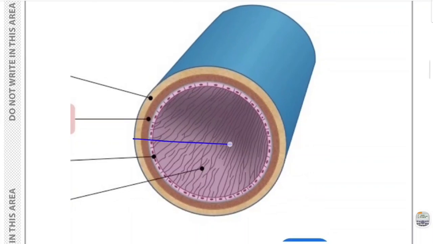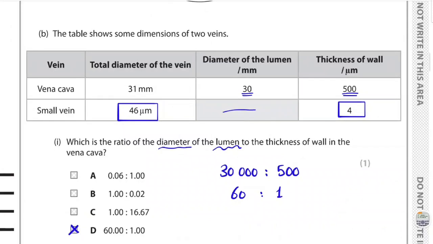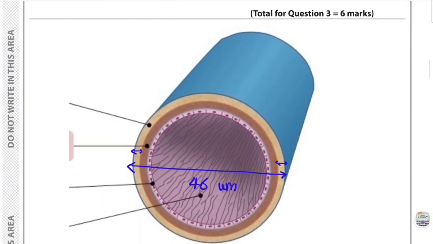The total diameter of this entire vein is 46 micrometers, but the wall here is found 2 times, once in the left side and once on the right side. So it's gonna be 4 micrometers on the left side and 4 micrometers on the right side.